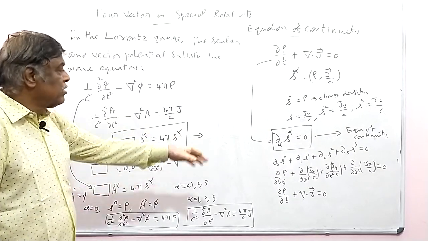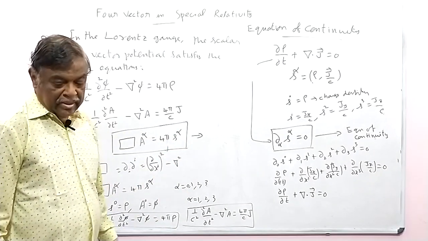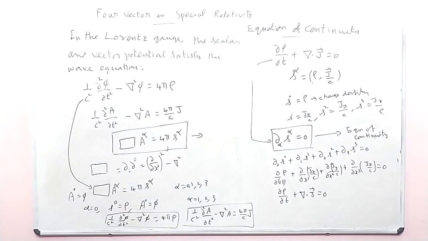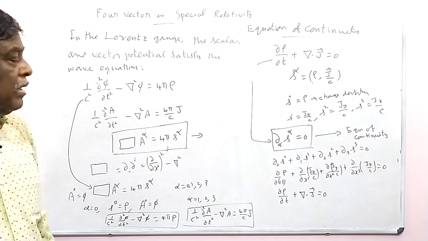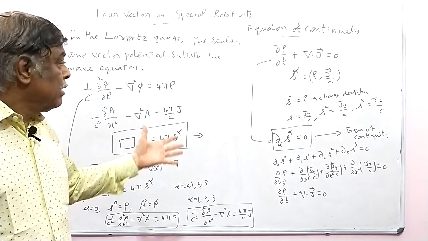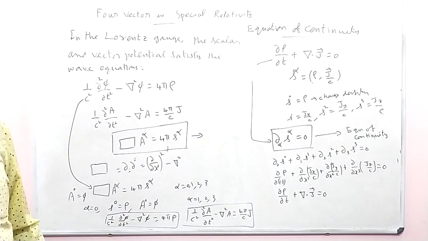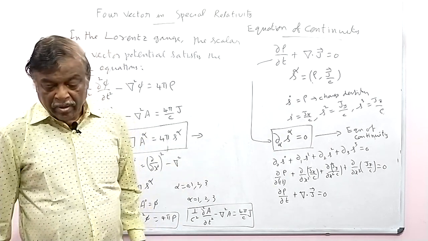The equations are tensor equations, and these vectors are 4-vectors. These expressions will be useful in studying relativistic theory. If you want to write down Maxwell's equations in covariant form, these equations will be very useful.